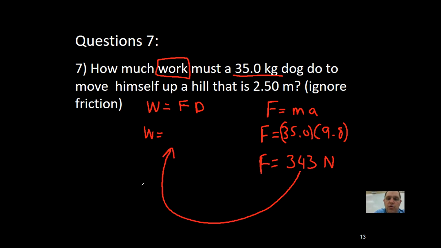We're going to take that and plug it back into our original equation we wanted. So now that we solved for force, we just have to put the distance in there. And the problem gives us distance. It's in meters. So 2.50.